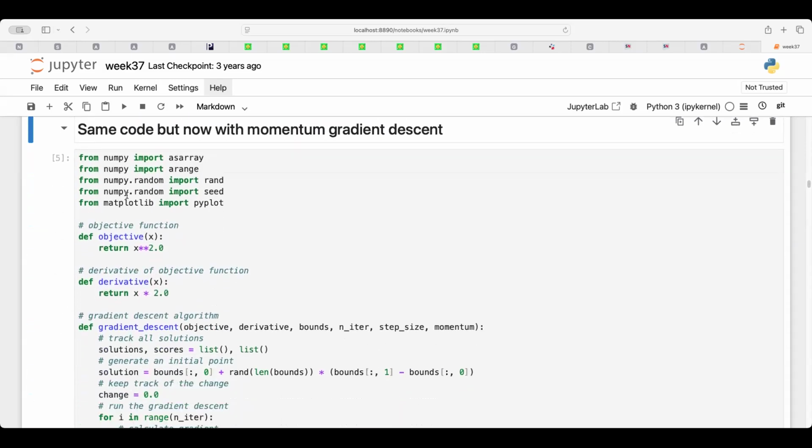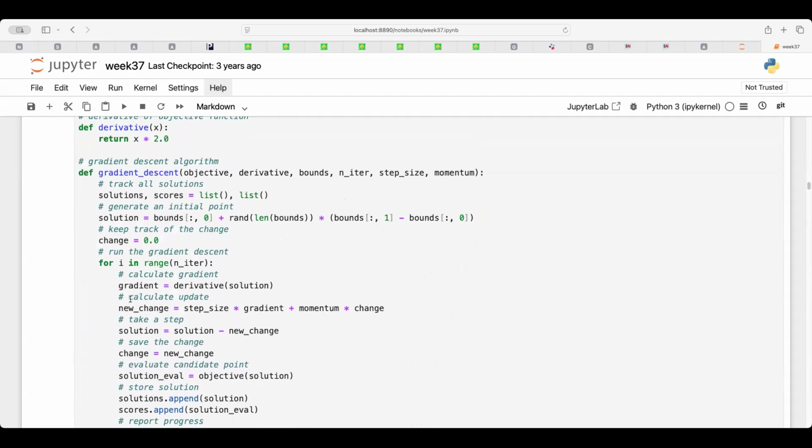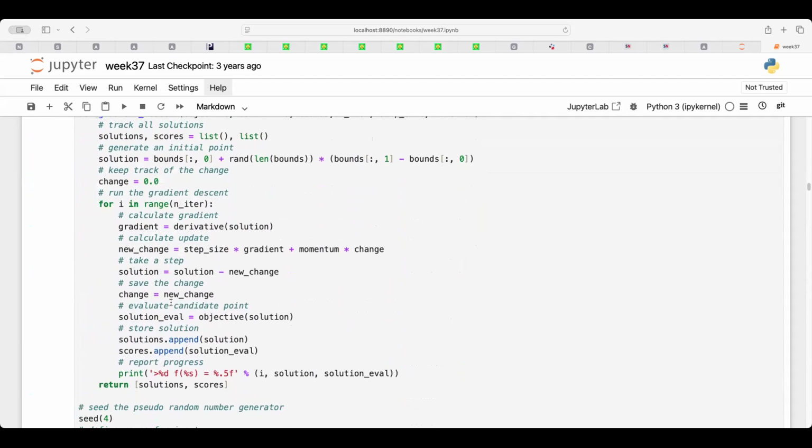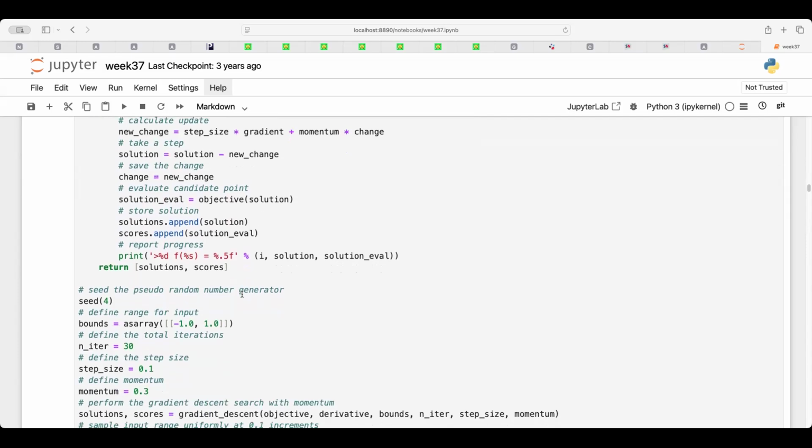The next function is actually implementing this one. So you have a new change, which is this v value: step size times gradient, plus momentum times change. So my change is being calculated here. So I have the new change, which is just the solution minus new change. And if I do that, this is just implementing that method.